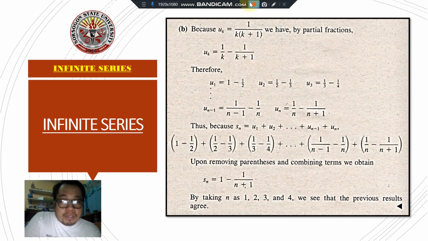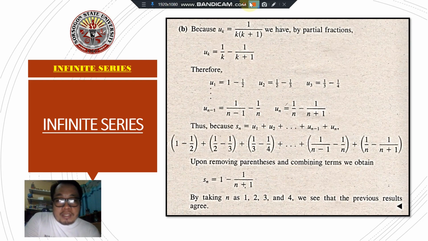Now, because s sub n is equal to u sub 1 plus u sub 2, plus up to u sub n minus 1 plus u sub n, that becomes the quantity 1 minus 1 half.